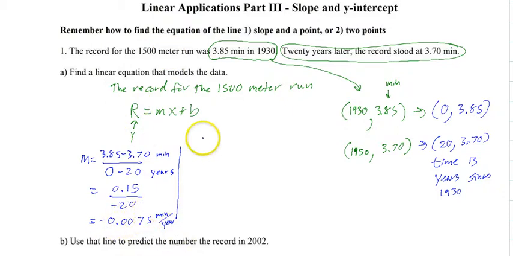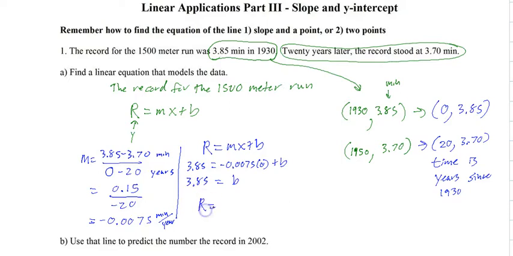Okay, so now we need our y-intercept. So if we plug in our slope, which is negative 0.0075, we pick either of our points, which is this one. So we plug in 0, plug in 3.85, which is the record, plus b. Then our b equals 3.85.